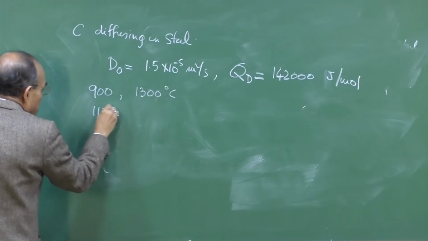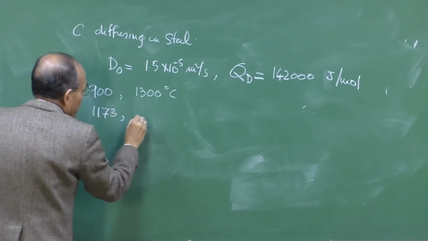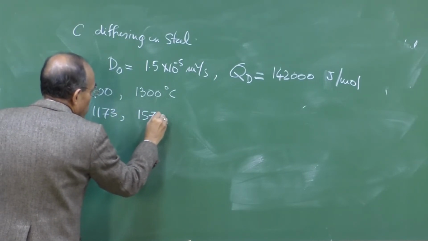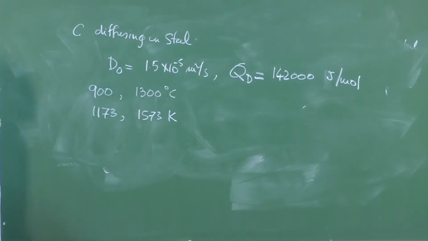So, 1173 Kelvin vis-a-vis 1573 Kelvin, and we have to find out by what factor the penetration distance could change.